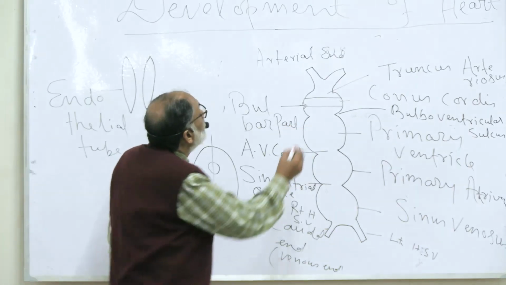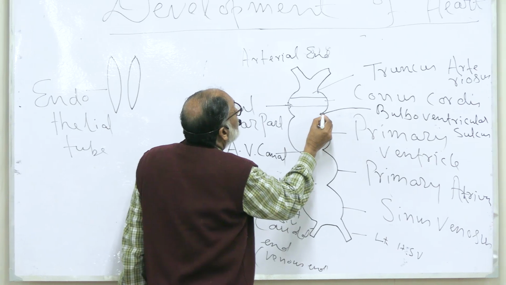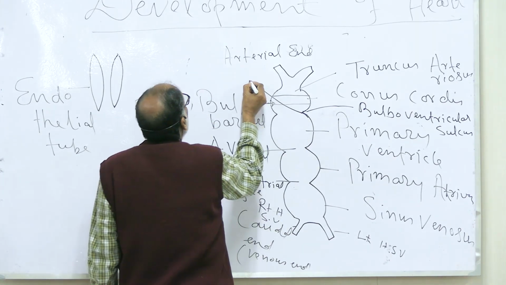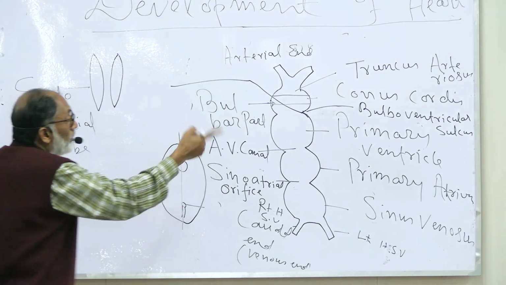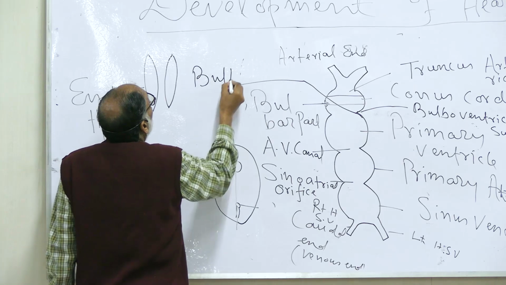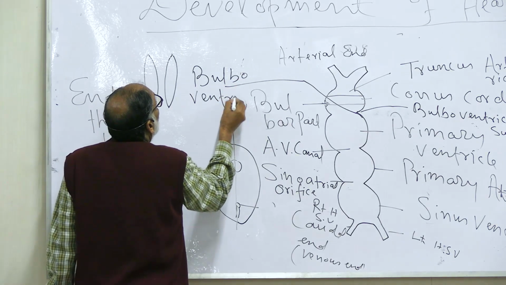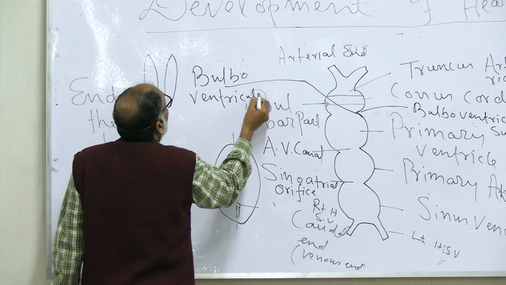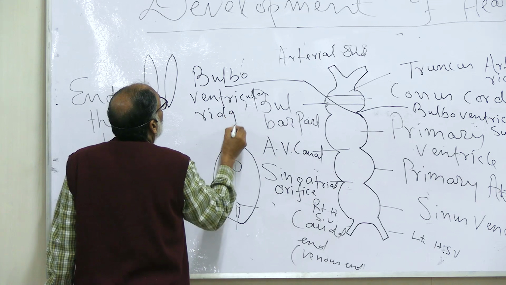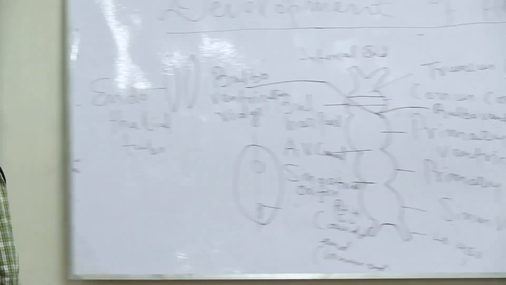Internally, this part is known as the bulboventricular ridge.